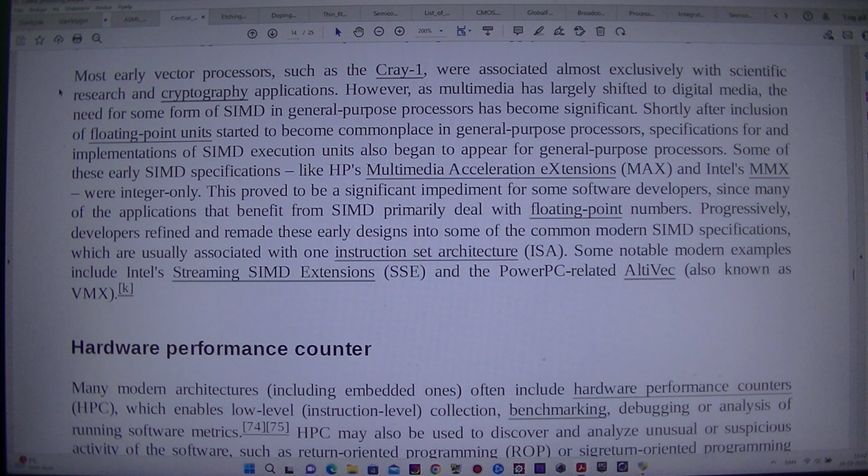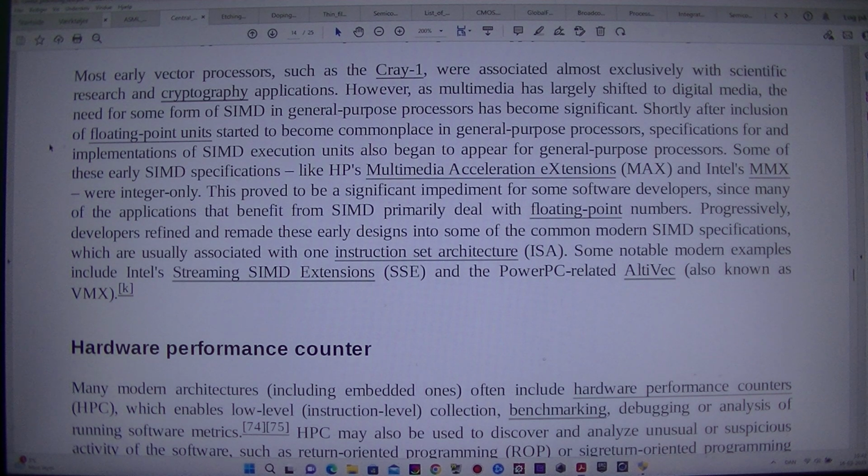However, as multimedia has largely shifted to digital media, the need for some form of SIMD in general-purpose processors has become significant. Shortly after the inclusion of floating-point units started to become commonplace in general-purpose processors, specifications for and implementations of SIMD execution units also began to appear.